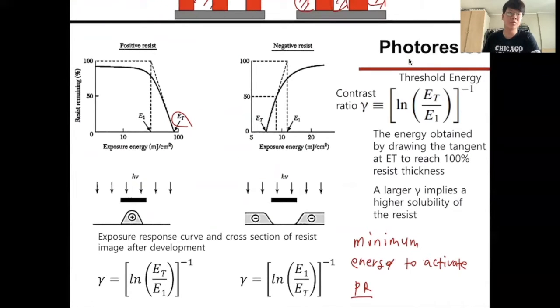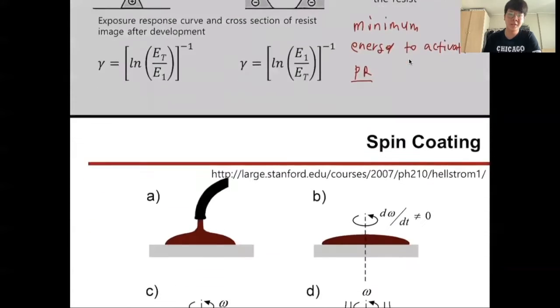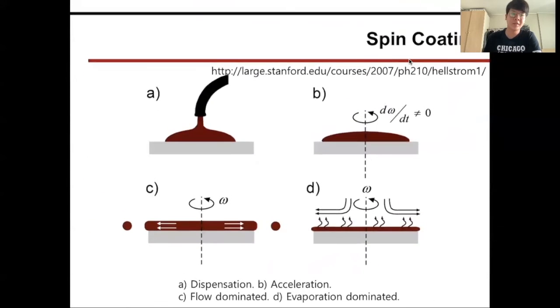It is important to get these parameters because we would like the exposure energy to be more than the threshold energy, and we coat the wafers before we expose them to the light. We coat the photoresist on the wafer surface.